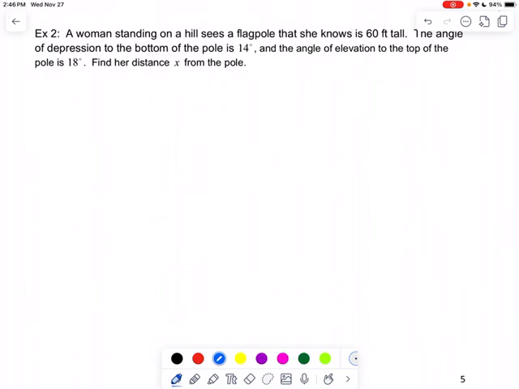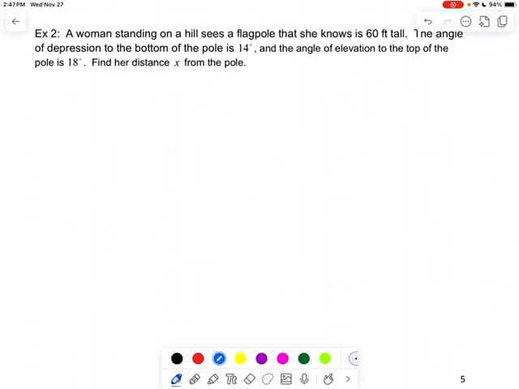This is quite complicated. Okay, so it says a woman is standing on a hill and sees a flagpole that she knows is 60 feet long.